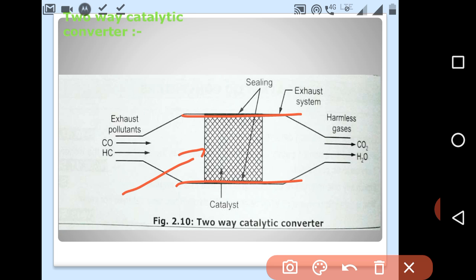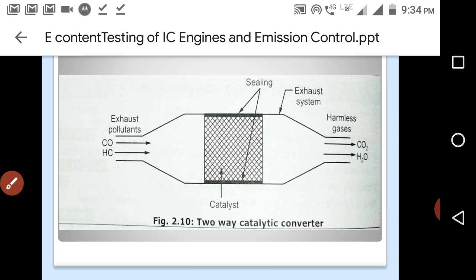So in the two-way catalytic converter we use platinum and palladium as catalysts, and with their help we convert these two pollutants into harmless gases like carbon dioxide and water. This is the two-way catalytic converter.